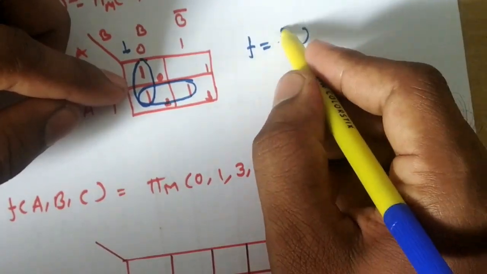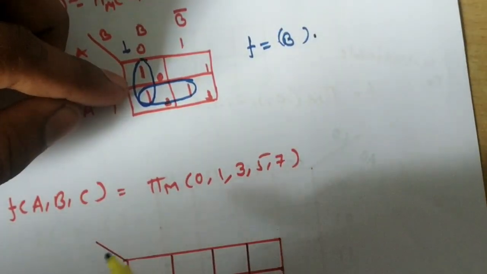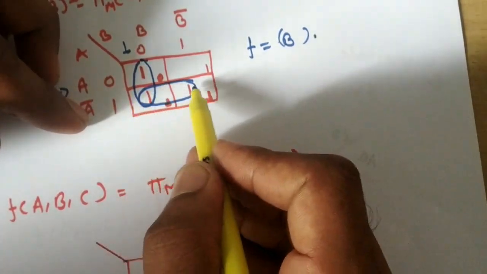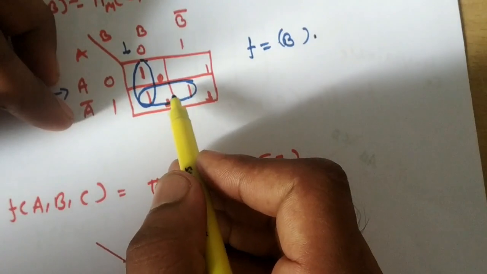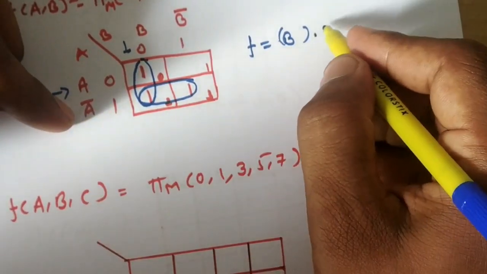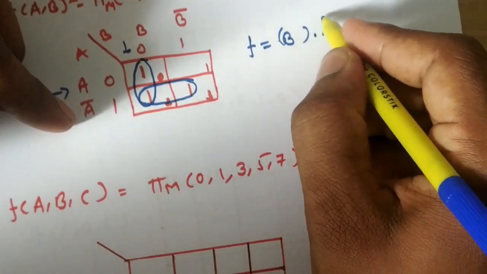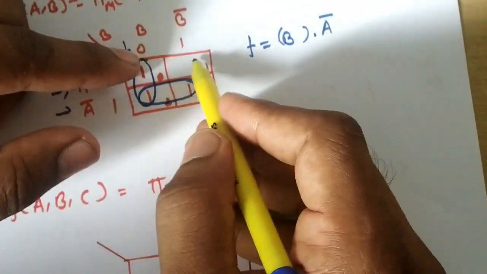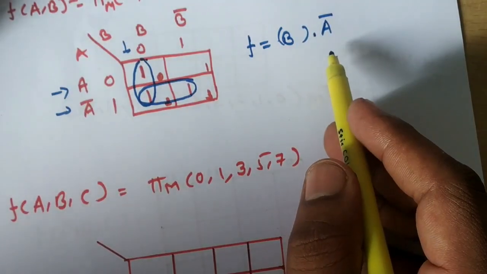In the first term we have B, then we need one more term for this group. This group is associated with this row, which contains a bar, and also with these two columns, but in them nothing is common. So this will be our answer in that case.